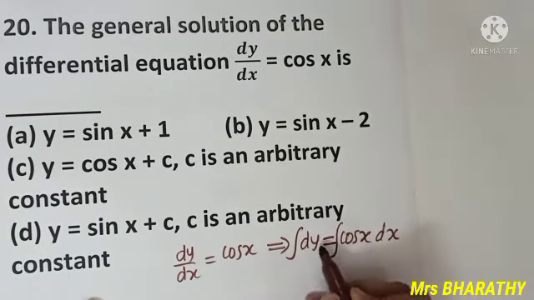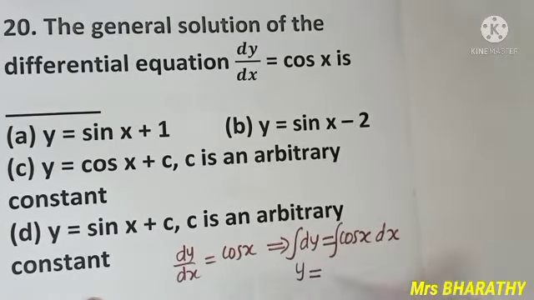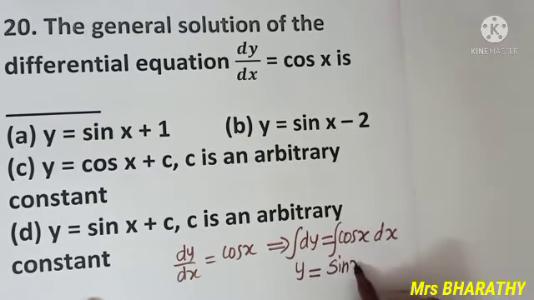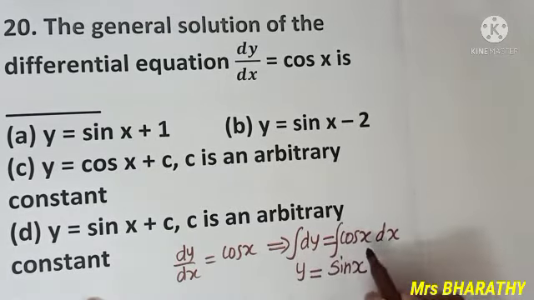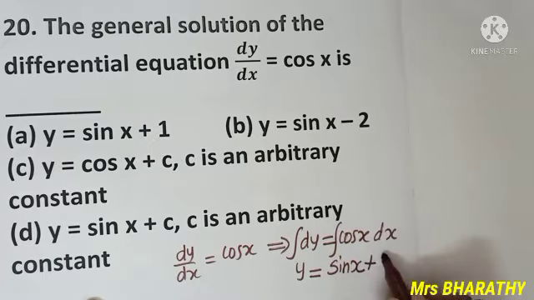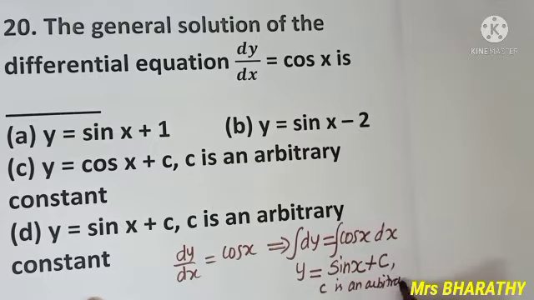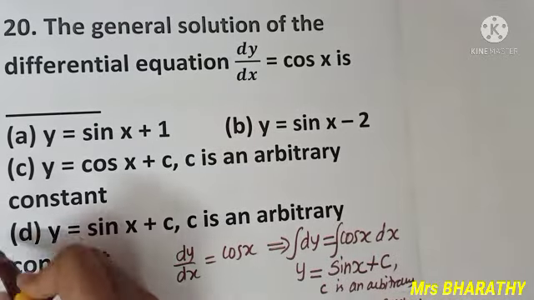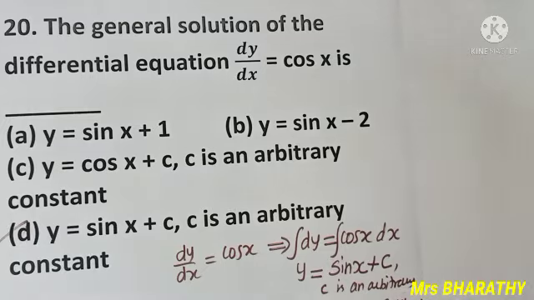Dy, the integral is y. Cos x dx, the integral is sin x. And whenever we integrate, we introduce a constant c, where c is an arbitrary constant. In the given choice, option D will be the suitable answer.